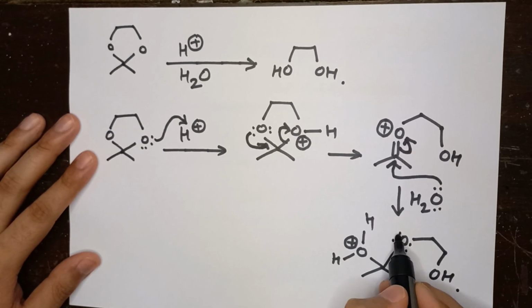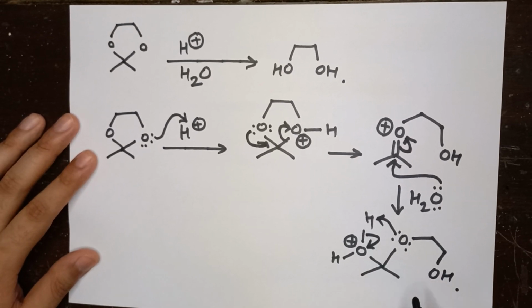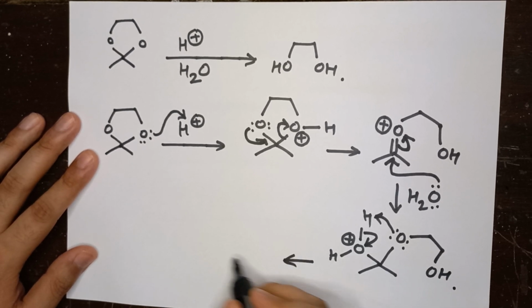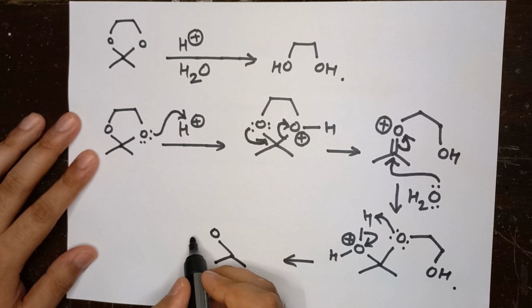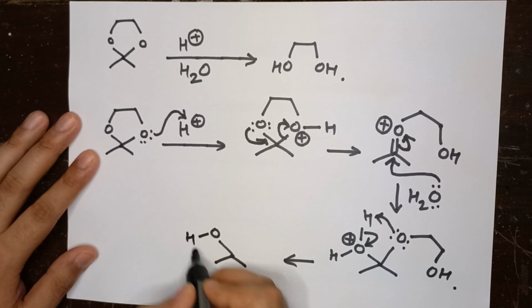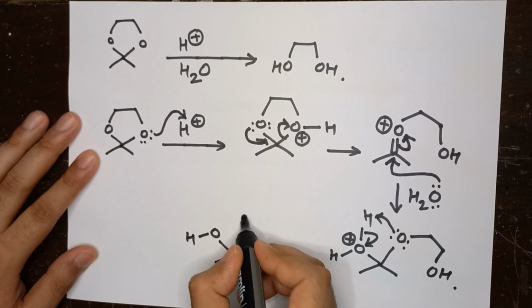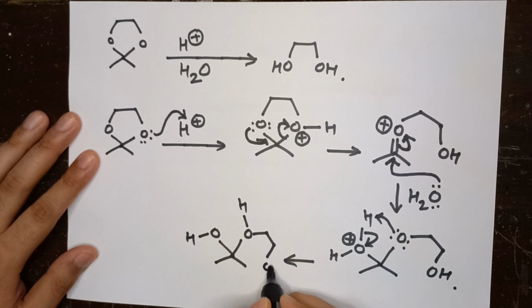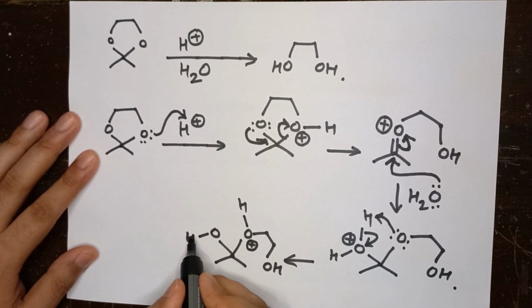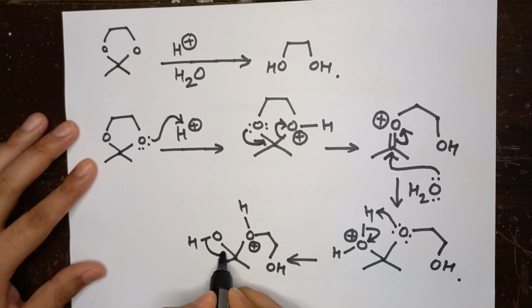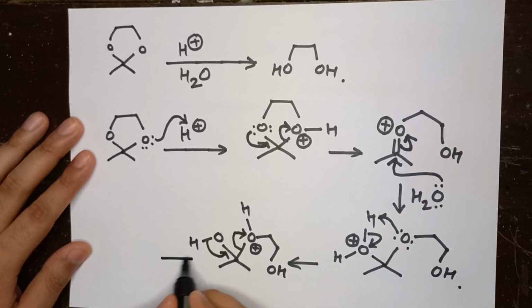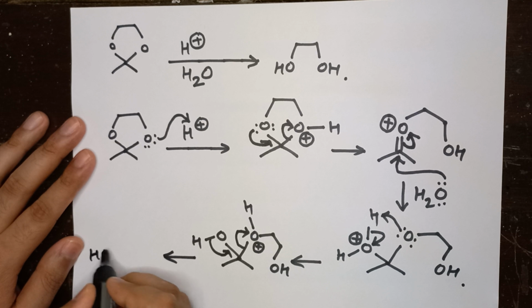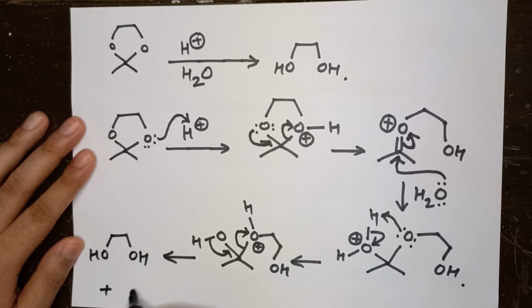Now intramolecular hydrogen transfer once again will take place, neutralizing oxygen, will give me OH, O, H, CH2, CH2, OH. Here we have positive charge now. So this is a good leaving group now. So this HO bond will cleave, will form a double bond here, and this whole group is going to leave. And you have generated the product. That is, you have formed a diol and an acetone.